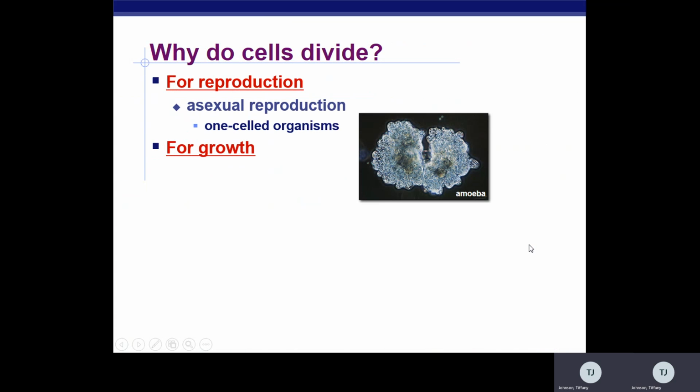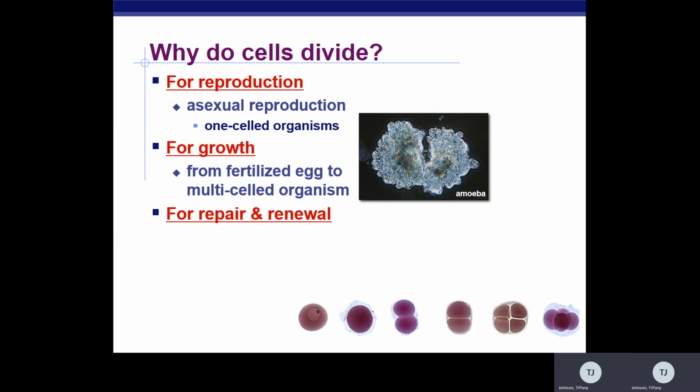We talked about why cells divide. If you're a one-cell organism, this is the only way you're going to be able to reproduce. If you are still growing, you grow by adding more cells. Some of us get to a stage where we're done growing up, and then we just start growing out, and so that's still cell division as well.